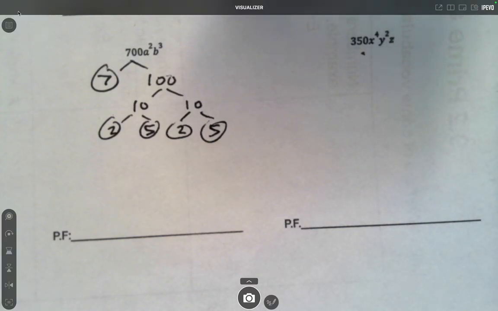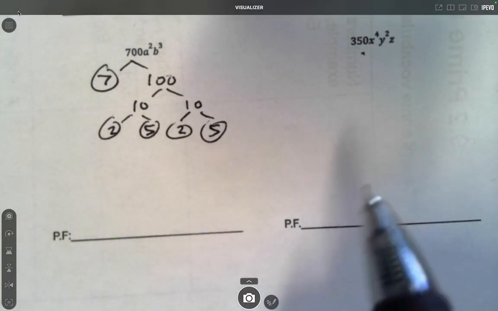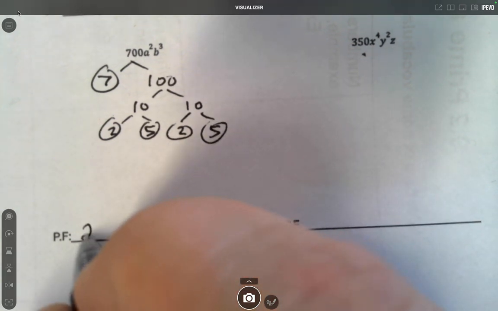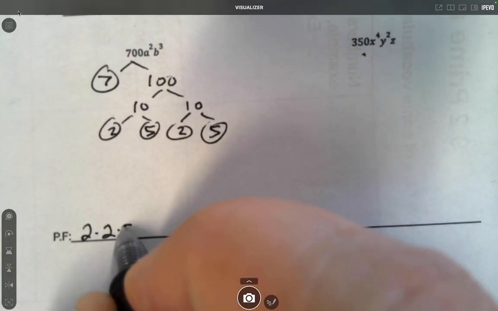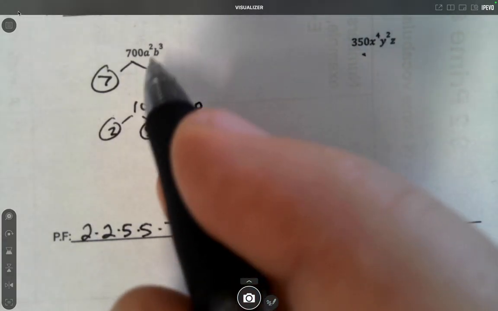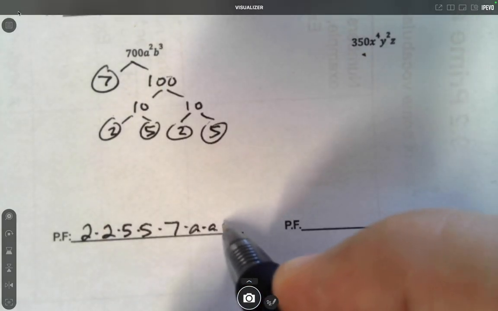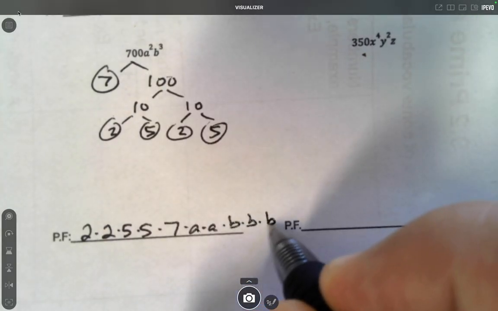It's not technically required to do them from least to greatest, but I am going to ask you to do them from least to greatest. I don't plan to count off if you don't, but I'm just saying, I know we kind of got them 7, 2, 5, 2, 5, but it's best to write 2 times 2 times 5 times 5 times 7. Then we have 2 A's, so times A, 3 B's, B times B times B.